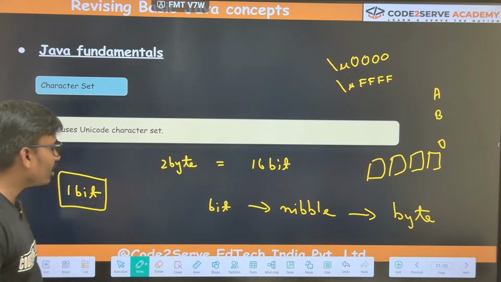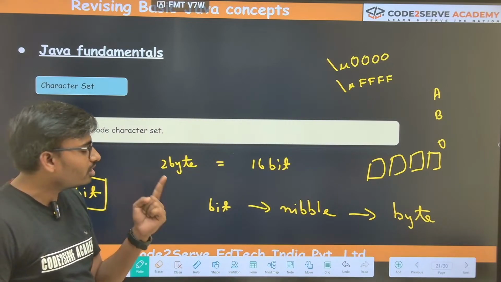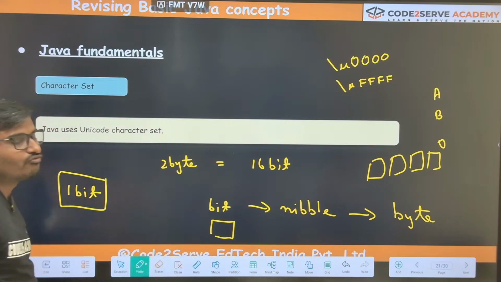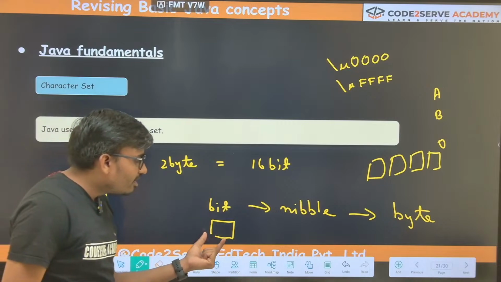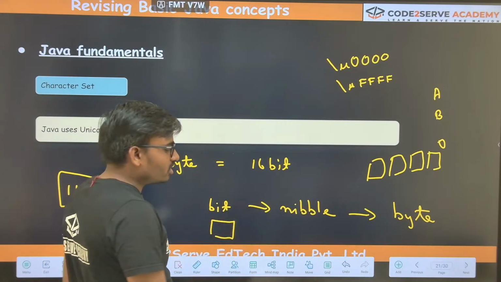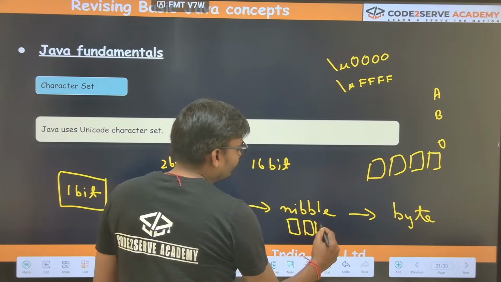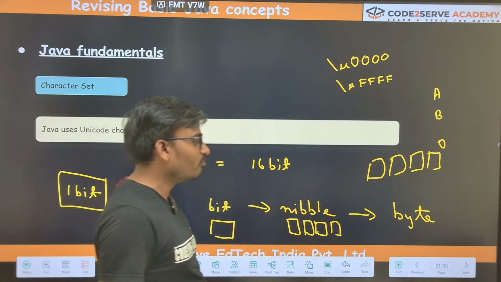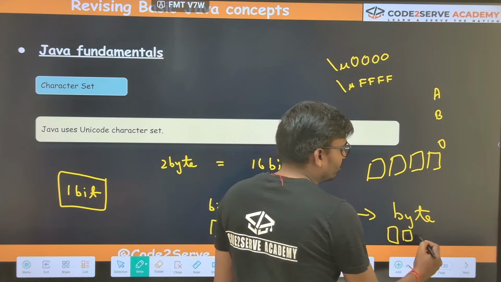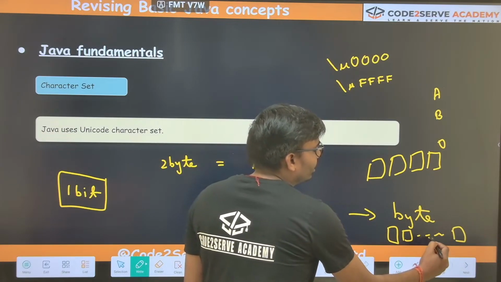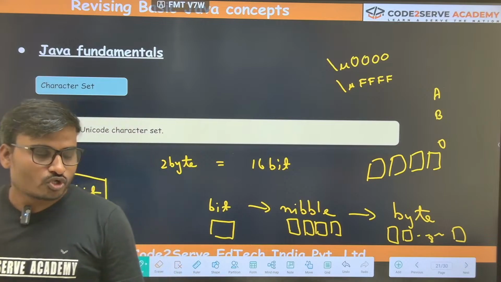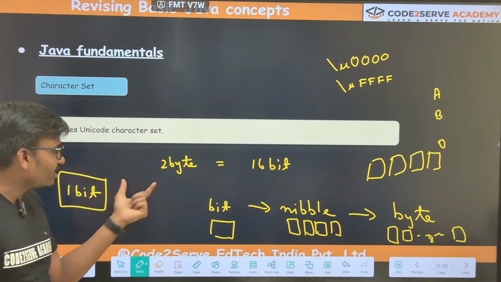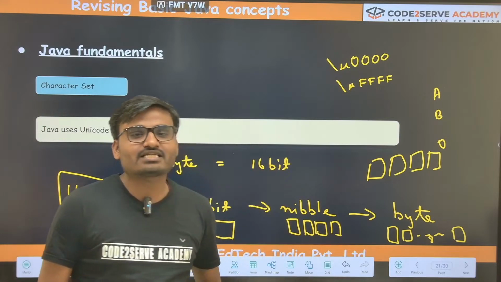So 1 bit is equivalent to 1 box, and if you combine 4 boxes, it will form 1 nibble. If you combine 8 boxes, it will form a byte. So 2 byte is equivalent to 16 bit.